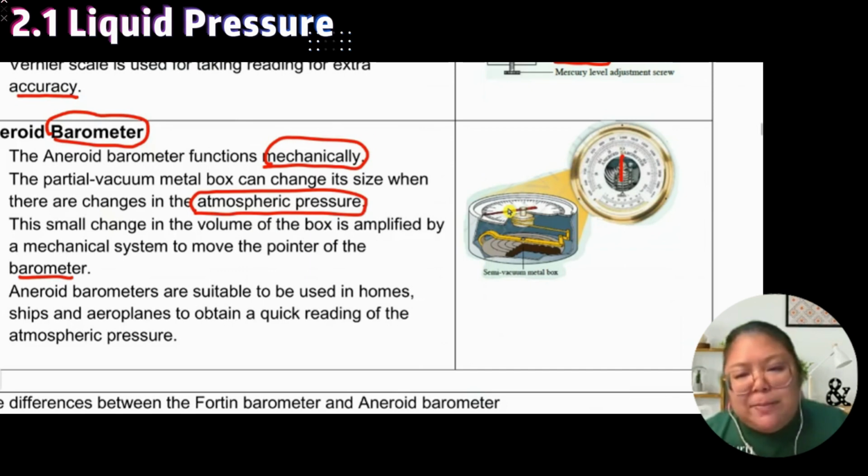If the atmospheric pressure is higher or lower, the box is pressed differently. If you press more, the needle shows a bigger reading. If you press less, the needle moves a bit and shows a smaller reading.